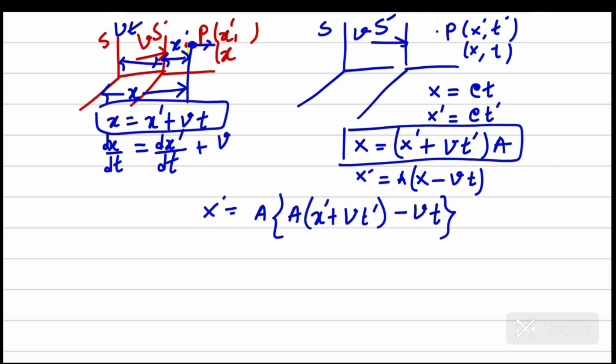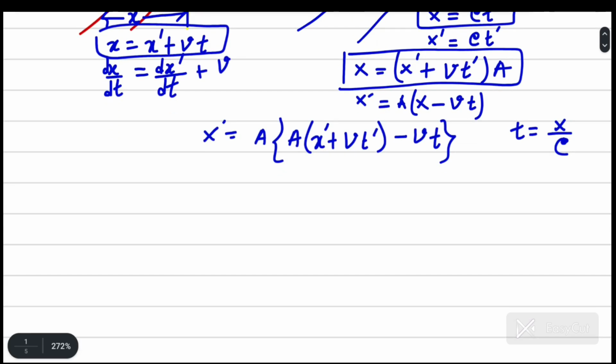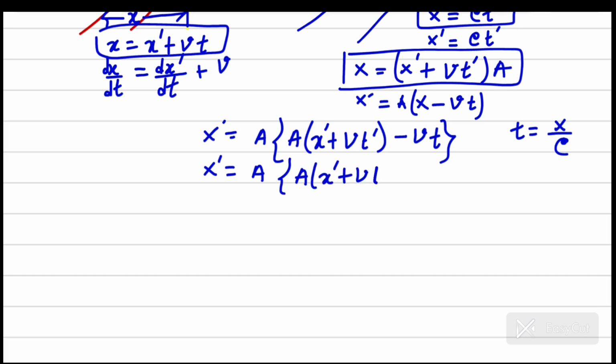minus vt. Again we have seen that from this equation we can write x equals ct, so t is x by c. So in the next step, we can write x prime equals a times x prime plus vt prime minus v, and just place the expression of t in this equation.